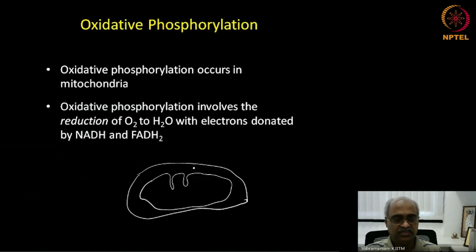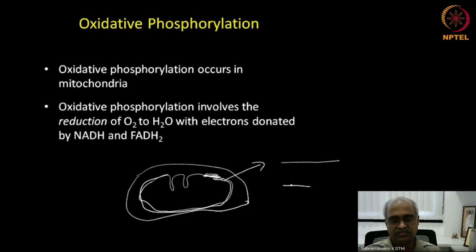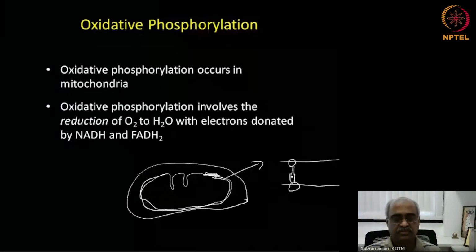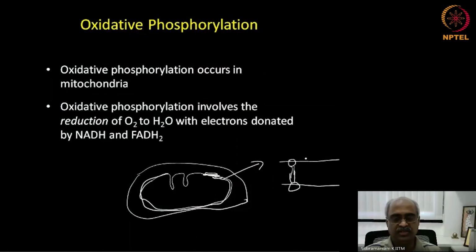This membrane is what is going to be critical. We are going to call this the inner membrane. All the intermediate electron carriers are located in it. If I take that and draw a section, this is there all through, and this is where these multi-protein complexes are located. These are the intermediate electron carriers.